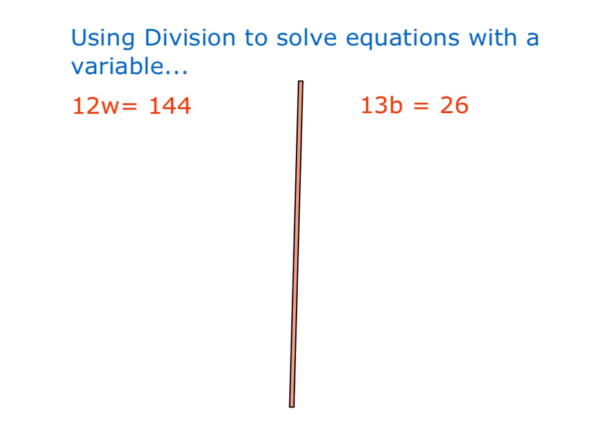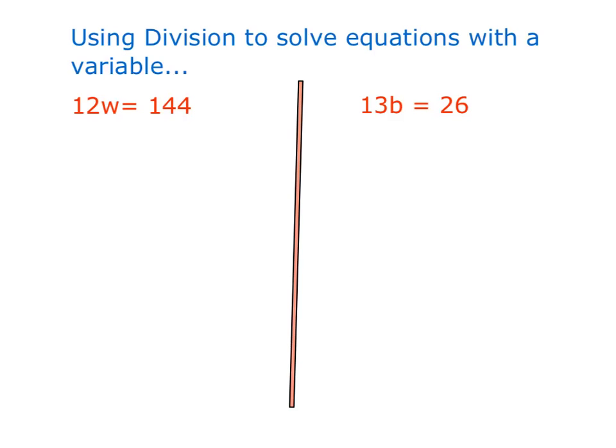Now, these next two problems will go really very fast because they are multiplication problems with variables. What we'll have to do with the multiplication problem is to find the opposite of multiplication, which is, of course, division.